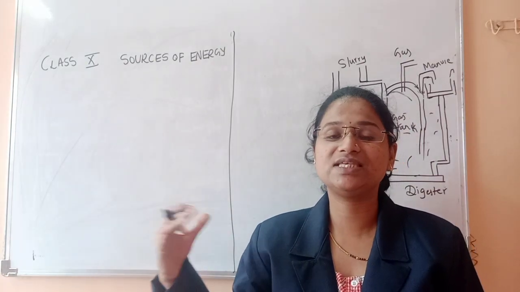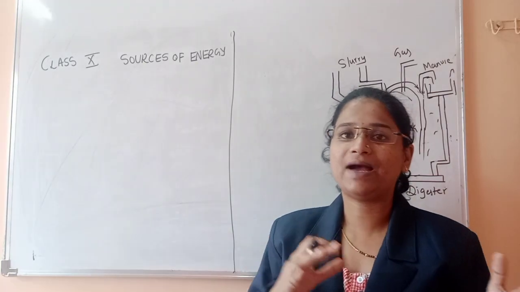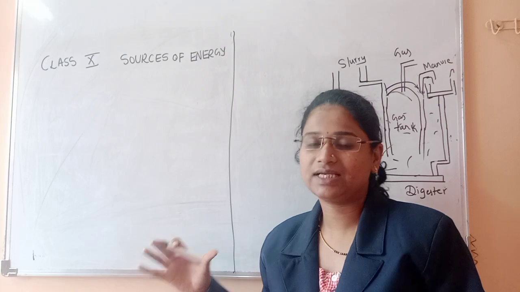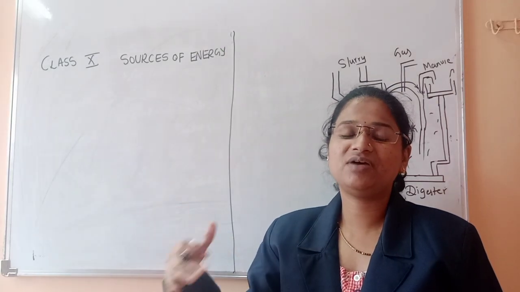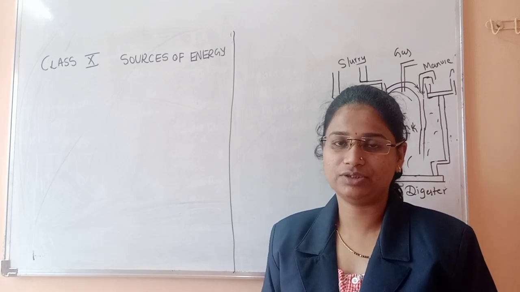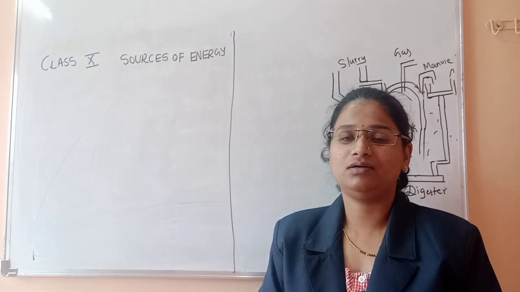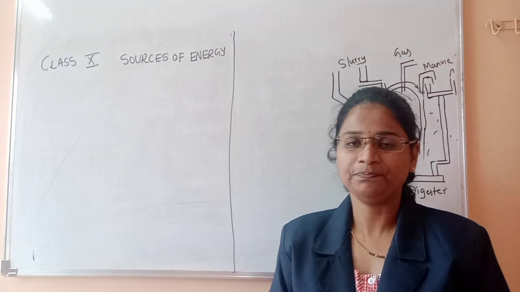So it was a very slow process. To remove that, when we applied technology to this, it became a very useful product, which we are going to learn today. So how did we apply technology to conventional sources of energy?